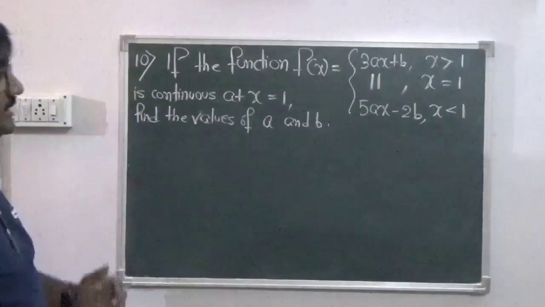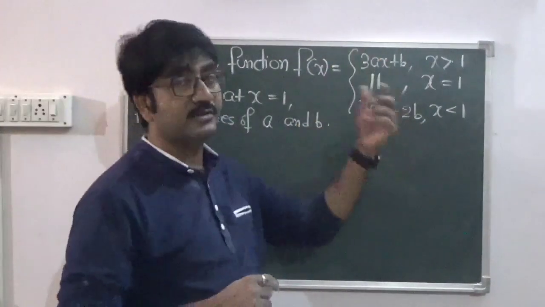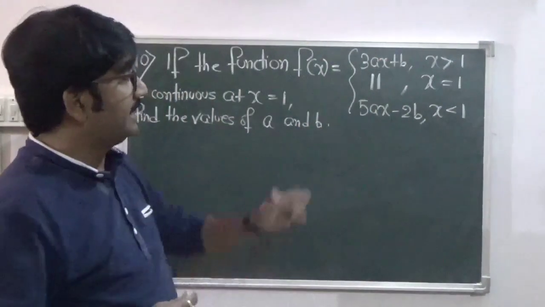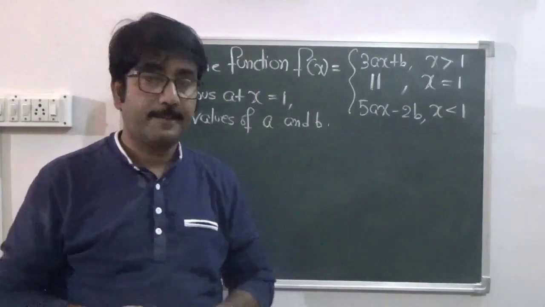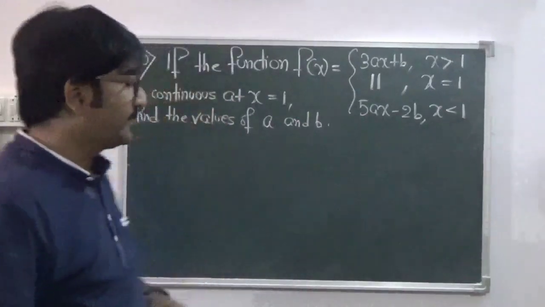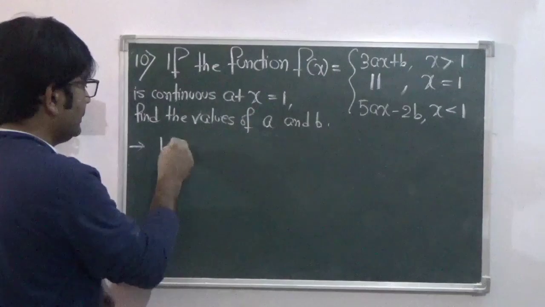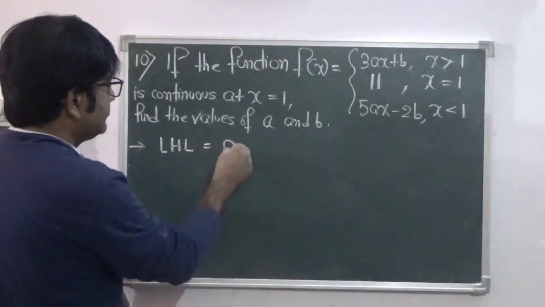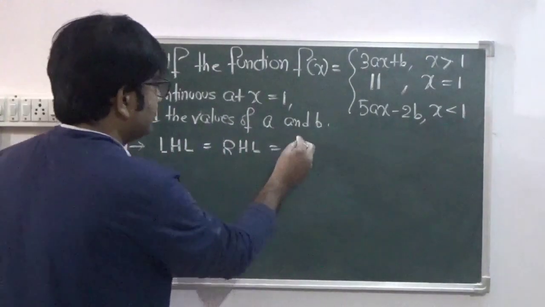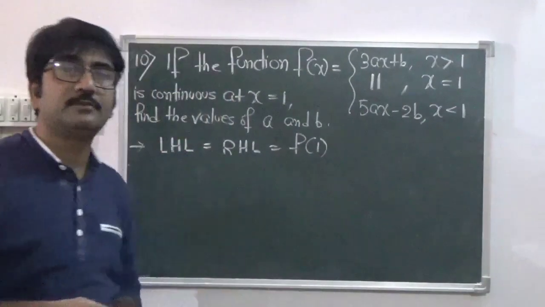So if the function is continuous, and since we have different functions for x less than 1 and x greater than 1, we have to use left hand limit and right hand limit. And since the function is continuous, we know that the left hand limit is equal to the right hand limit, which is equal to the value of the function at the point x equals to 1.